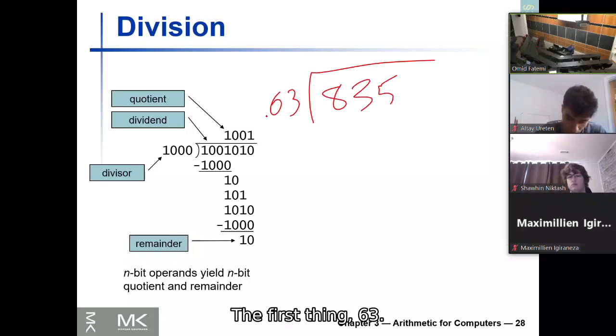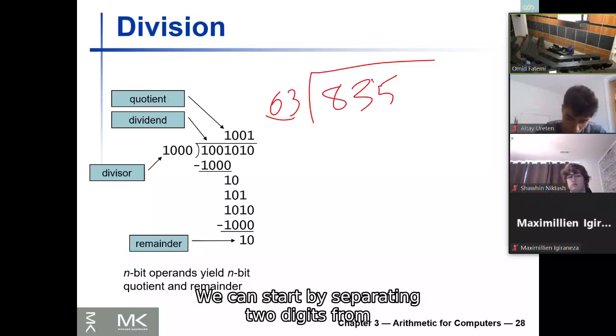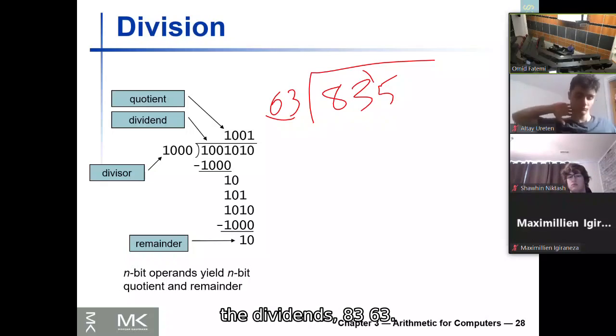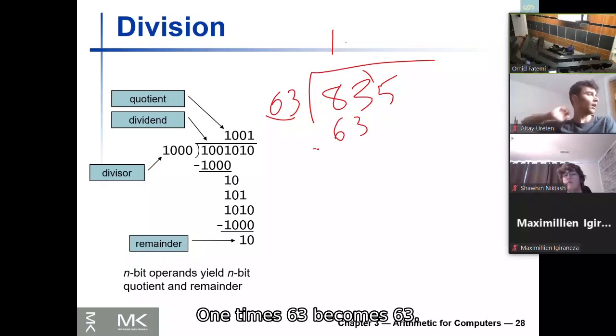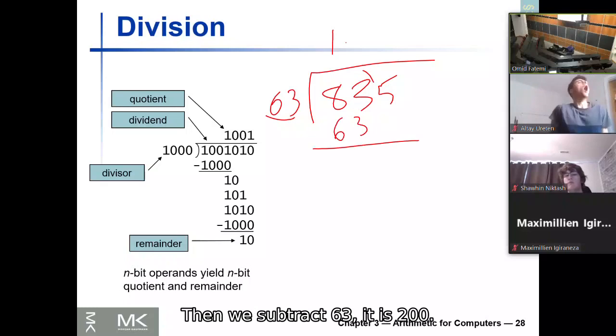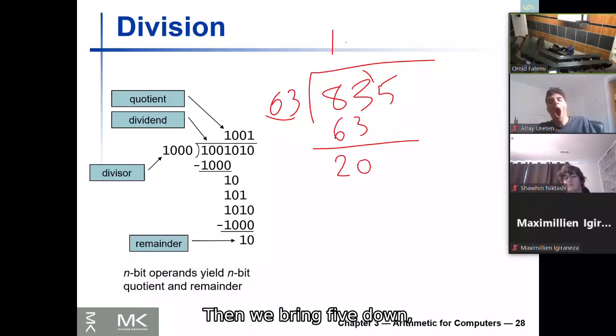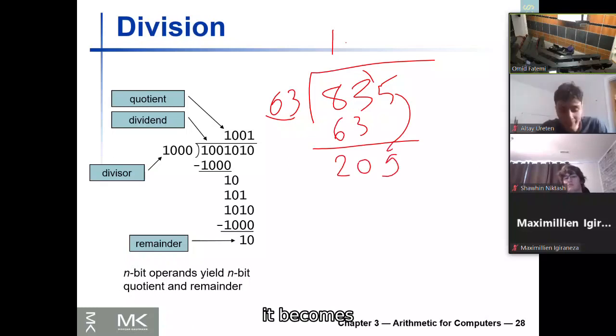So the first thing, 63, we can start by separating 2 digits from the dividend. 83 divided by 63, we can have 1 here. So we put 1 here. 1 times 63 becomes 63. Then we subtract 63, it is 20. Then we bring 5 down. So it becomes 205. 205 divided by 63.